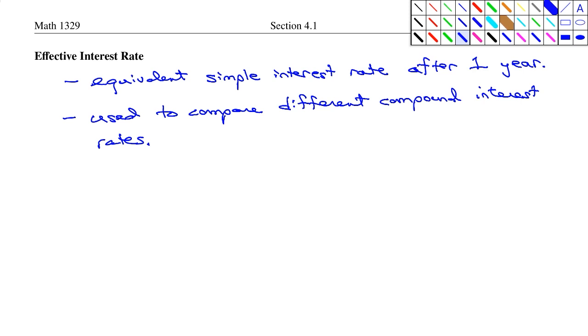All right. So basically what you're doing is figuring out the interest that was earned after 1 year and comparing those two accounts to see which one would be better. So there's a formula. Let's derive the formula.